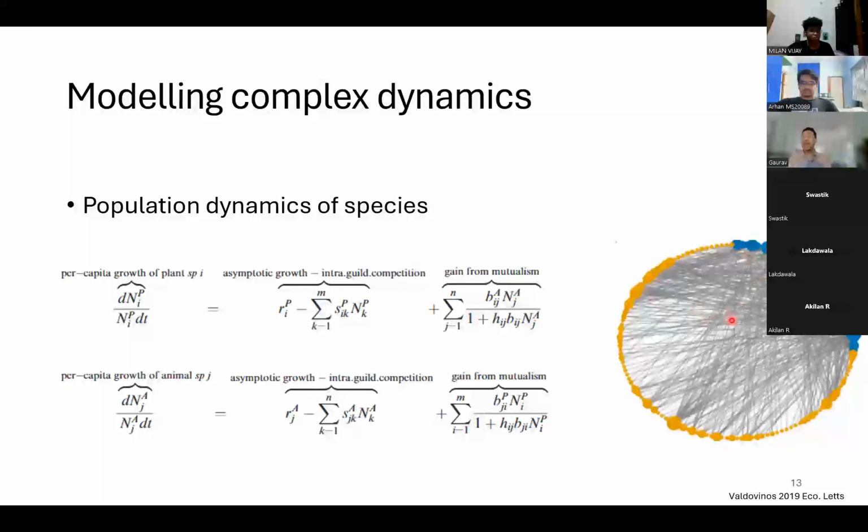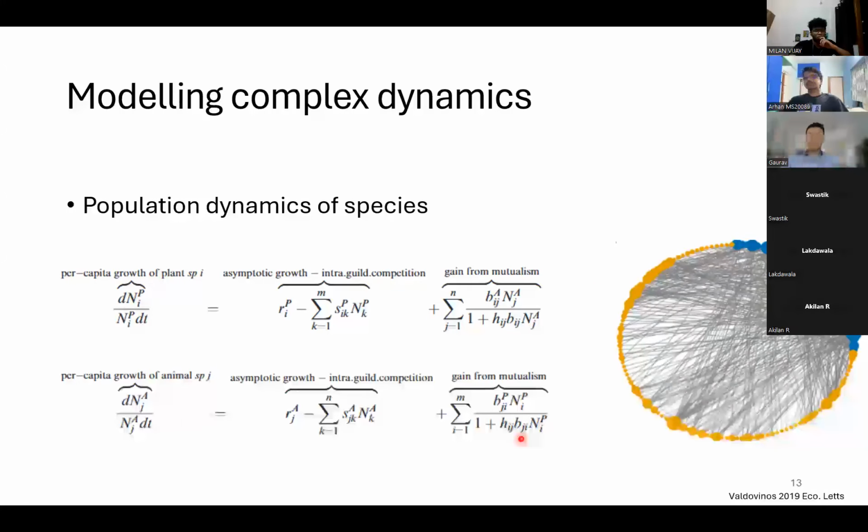Similarly, for a plant-pollinator bipartite network, of pollinators and plants, these are the type of equations normally used to model the ecological dynamics of plants and animals, or pollinators, where r's are the growth rates, s and the other coefficients are the inter- and intra-specific competition coefficients, and this is the positive interactions, or the mutualistic network, where it's again a type 2 functional response given by this, where b_ji captures how a pollinator interacts with a plant.